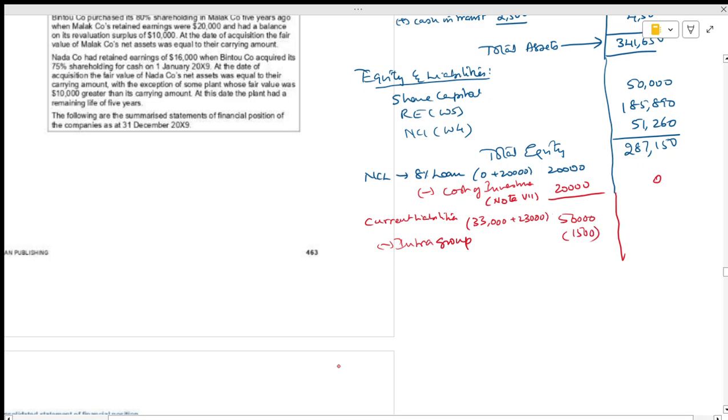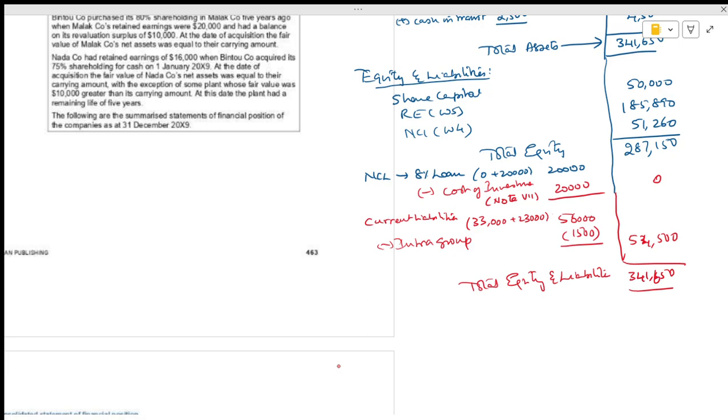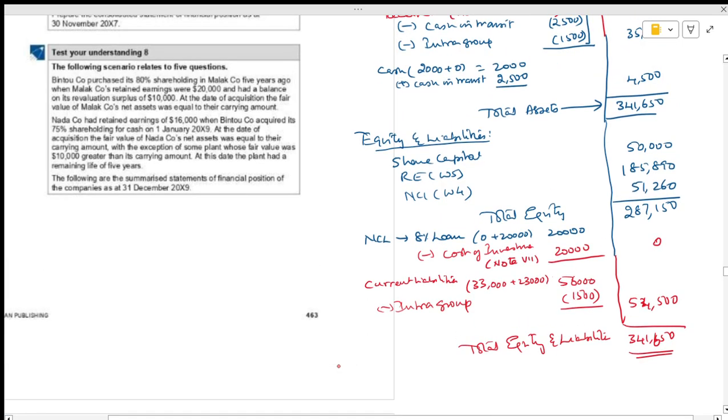How much have we deducted? 1,500. 56 means 54,500. How much is the total? 54,500 plus 287,150, 341,650. Is it clear? Yes, clear.